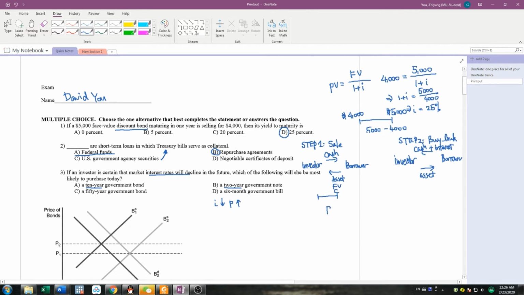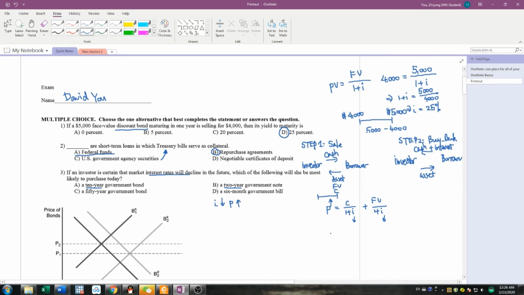So in this case, the current price will be the first coupon divided by 1 plus i plus face value divided by 1 plus i. And obviously, when interest rate is smaller, that means all the future payments will be discounted with a smaller rate, right? Which makes the price higher, okay?